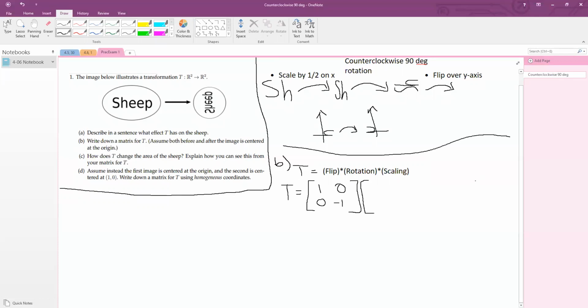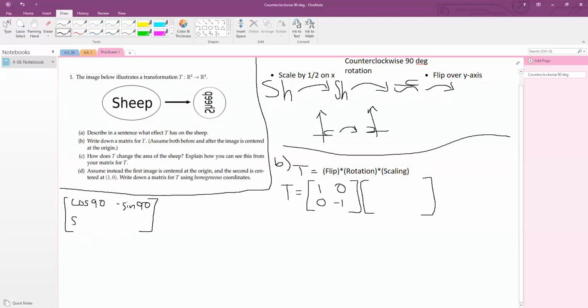Our rotation matrix, this one is going to be trig derived. So maybe let's look at it over here for a second. It's going to be the cosine, again, we're going counterclockwise, right? So it's going to be the cosine of 90, the negative sine of 90, and 90 is just because we're rotating 90 degrees counterclockwise.